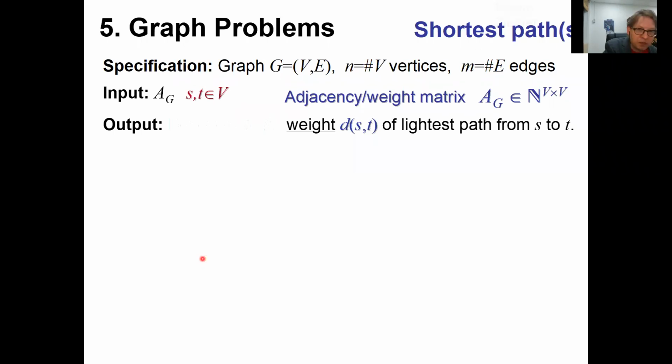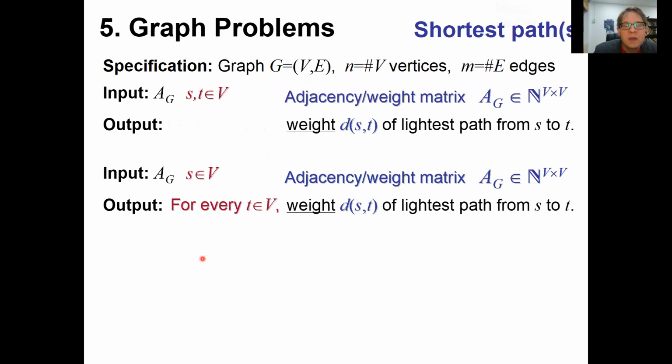So that's the first problem we're going to consider, and we're going to consider two more variants of that shortest path problem. The next problem is where we only input the start vertex, but not the target vertex. So this is the second variant. This is all problem specification. We haven't discussed any algorithm for now.